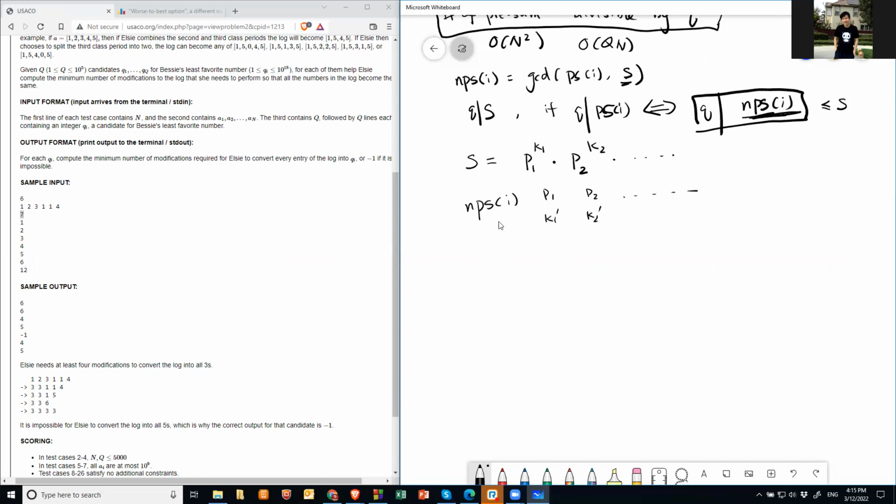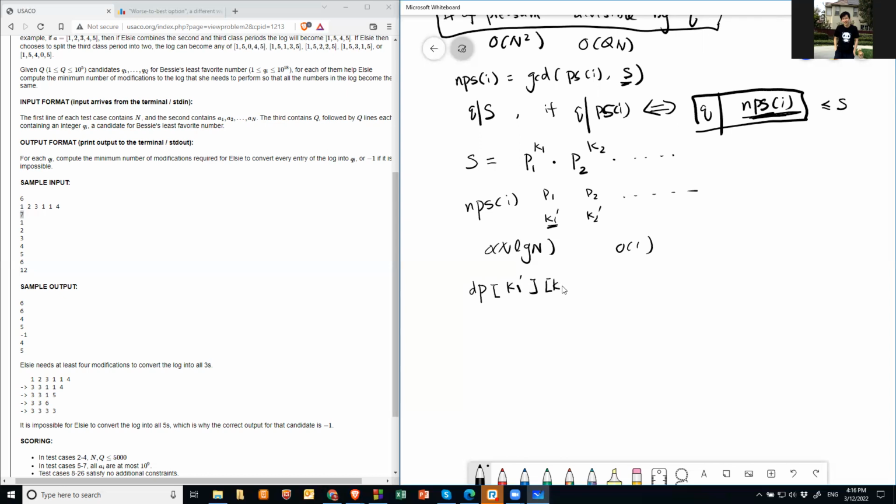So if I can pre-calculate all the possible combinations using these prime factors, in O(n log n) time, then I can easily calculate, and then for each query, it's just O(1), right? So basically, if I can do a DP, the first is what's the power for prime number P1, right?